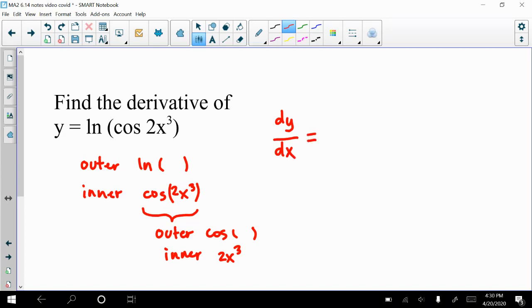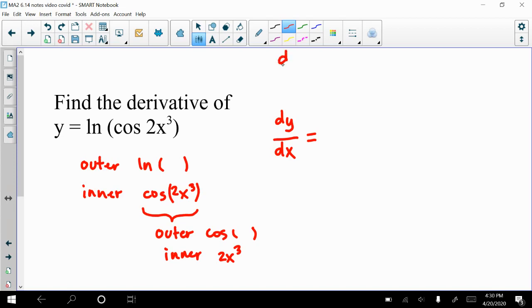All right. So we're going to take first the derivative of the outside. The derivative of the outside would be, it's the first outside, which is natural log of something. And you just leave that something in there. That something will just wait. So the derivative of natural log, right?